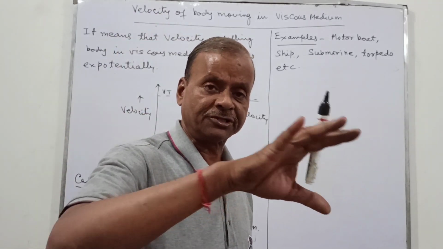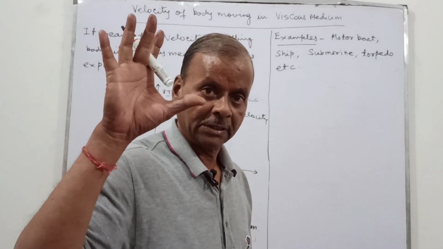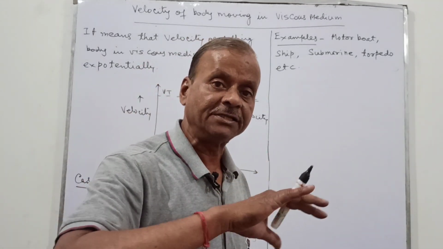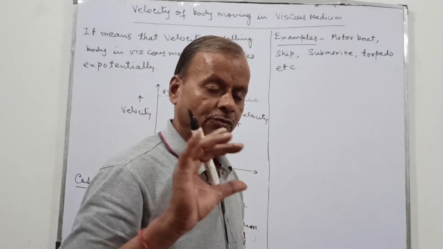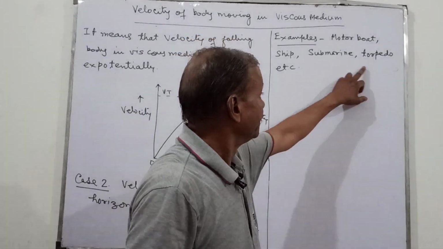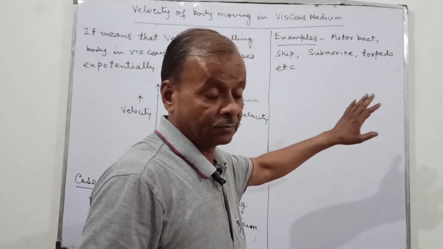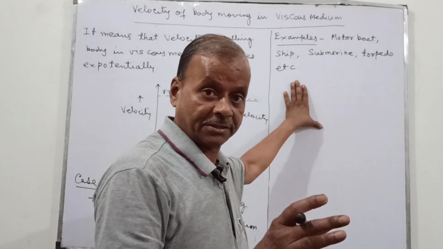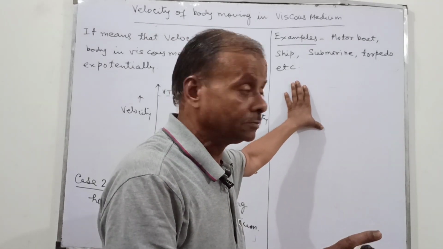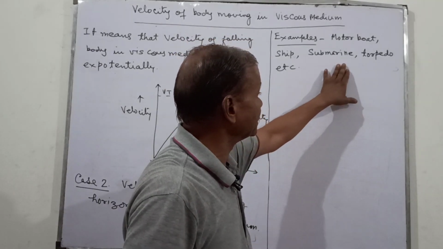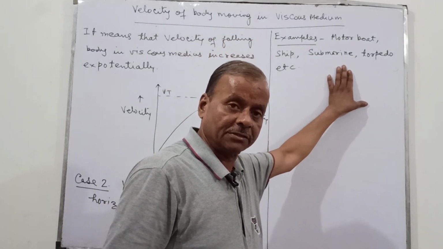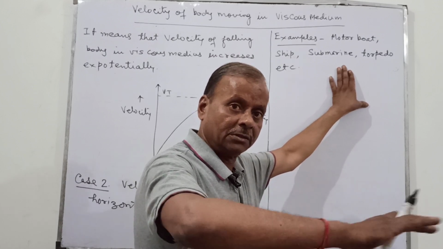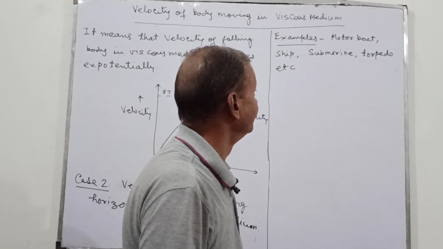Ship also moves on the surface of the water. The submarine and torpedo move inside the water. Torpedo is the weapon which acts when it is projected inside the water. So these are the examples in which a body moves horizontally in the viscous medium.